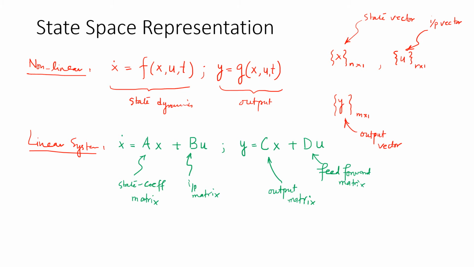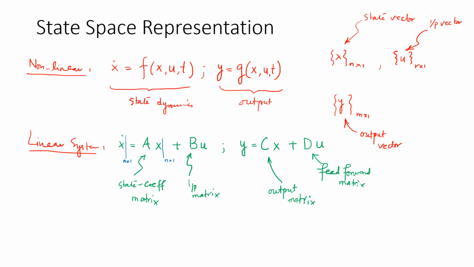Now in terms of their sizes, I can make a realization that if x is an n vector, you are going to have x dot be an n vector as well. So this is going to be n by 1 as well, because x is n by 1.